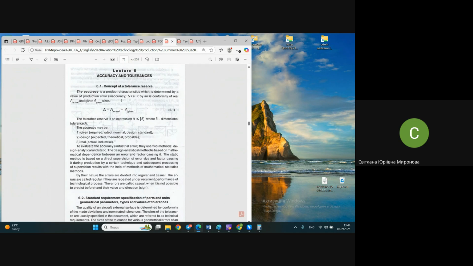So the idea about geometrical accuracy is about what? That we have sizes given in documentation, for instance in some drawing or 3D model, and in actual conditions it should be implemented into life, realized.